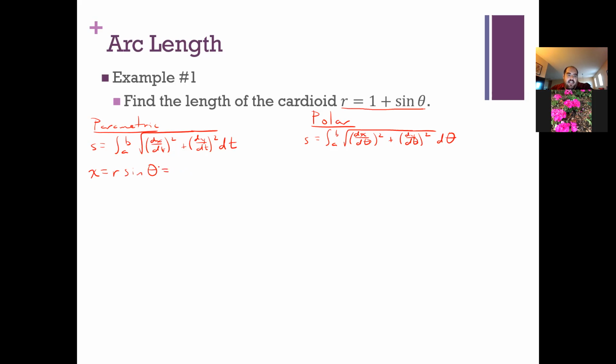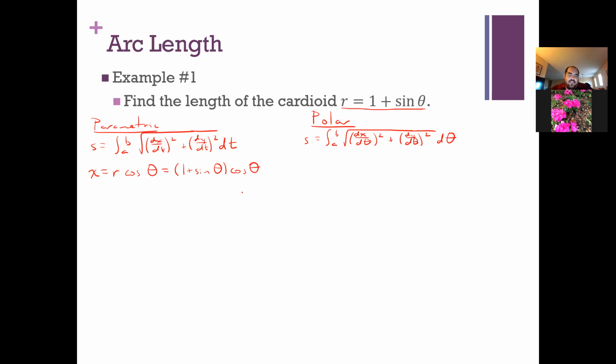So specifically for us, that'll be 1 plus sine theta, and this should be cosine. Got myself confused. So x equals (1 plus sine theta) cosine theta.